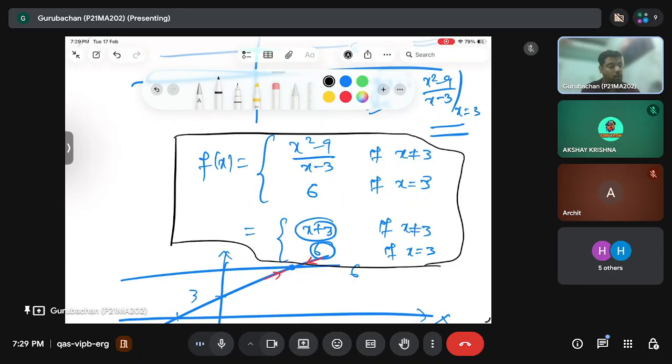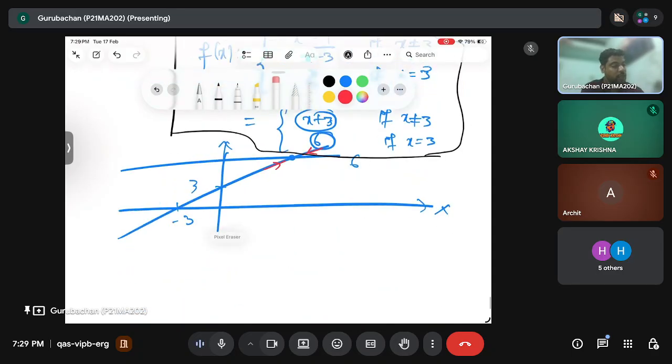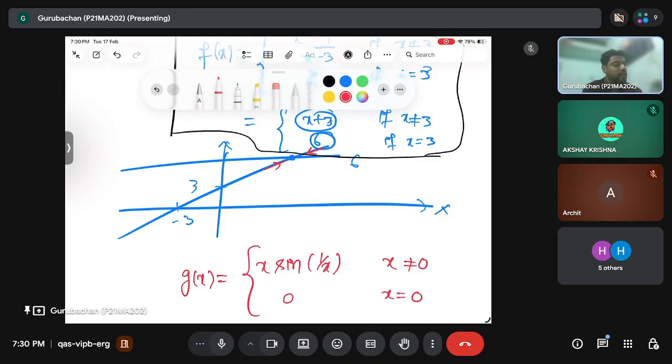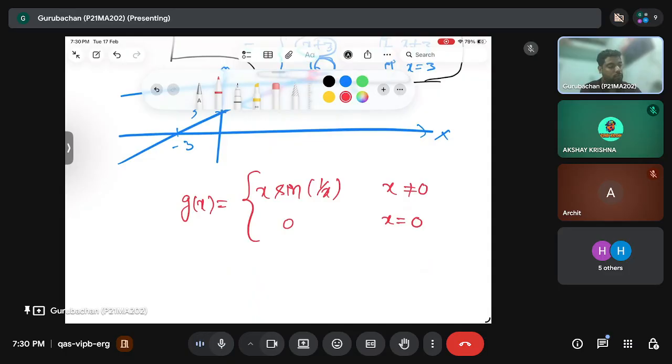But when you consider your g of x to be x sine 1 by x, where x is not 0, and 0 when x is 0, for this kind of function, in simple language, your limit as x tends to 0 of x sine 1 by x is 0. Is it clear to everybody?